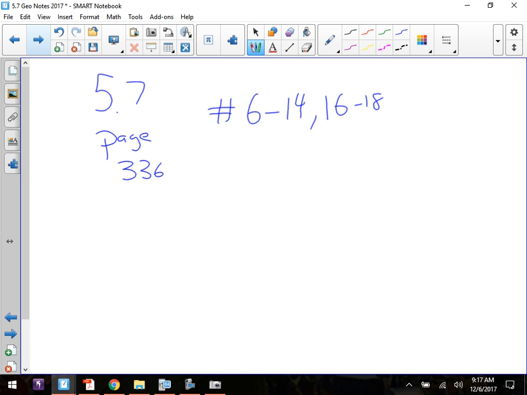Do those, please. Honestly, the first 5 are super fast. The next 4, you'll do the inequalities, just like we did those 2 examples. And then the last 3 are all diagrams. Should not be a problem.